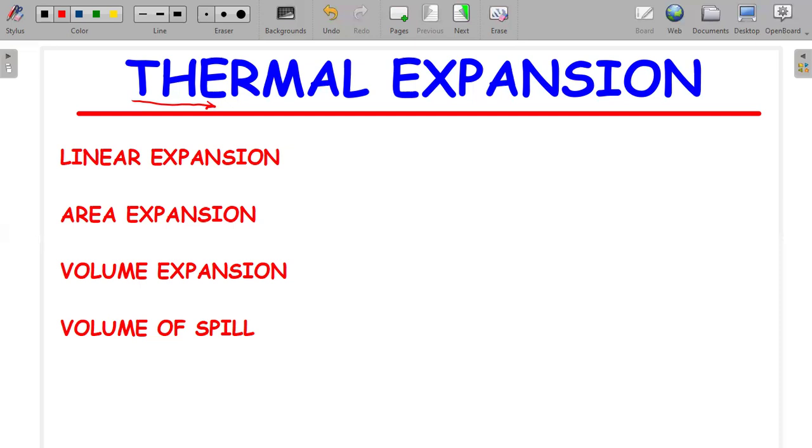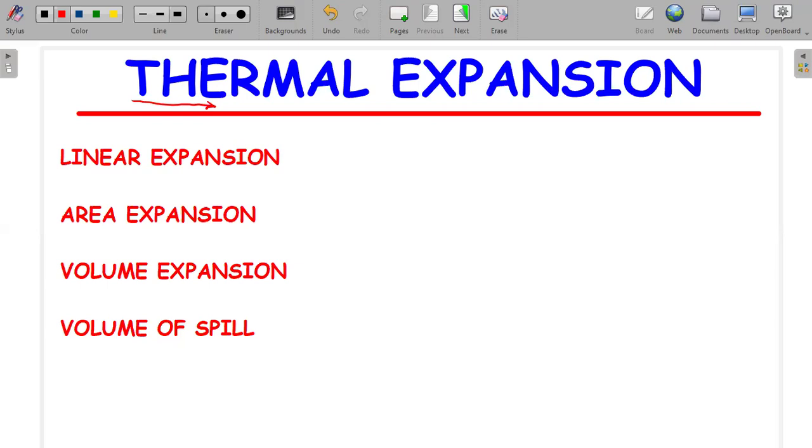Why? It's because they are leaving some room for thermal expansion, because as materials, be they solids, liquids, or gases, are exposed to heat, they are going to start expanding. There will be expansion taking place when all kinds of matter are exposed to an increasing amount of thermal energy. That is that on thermal expansion, ladies and gentlemen.